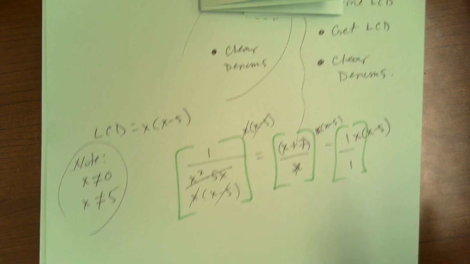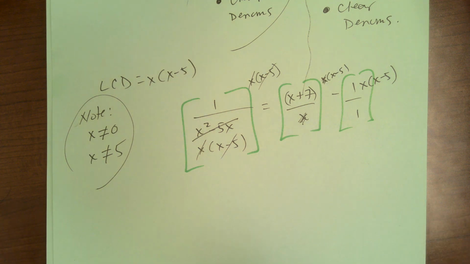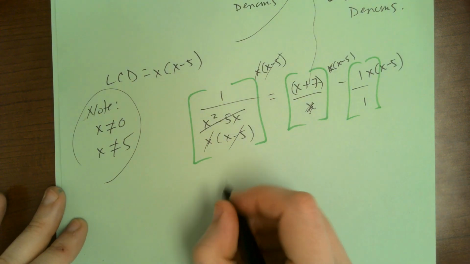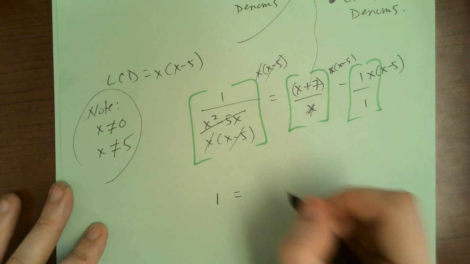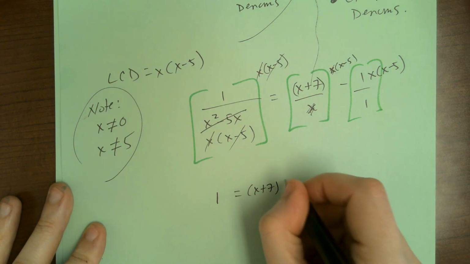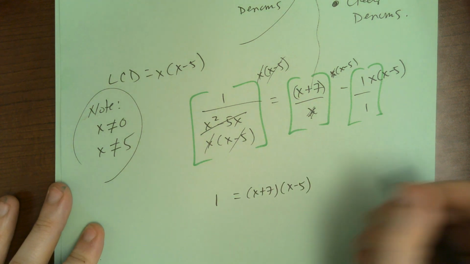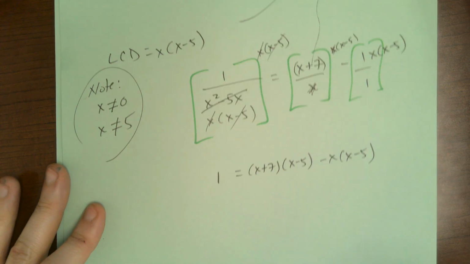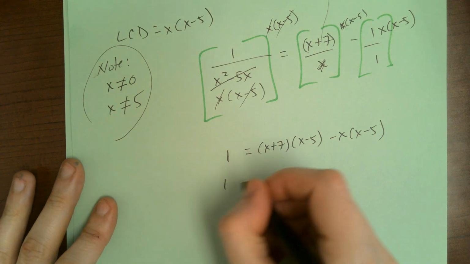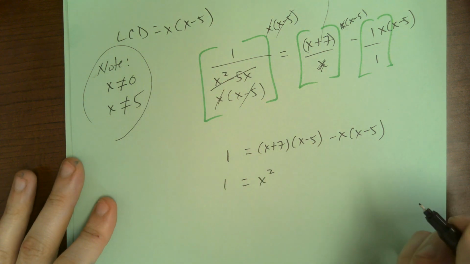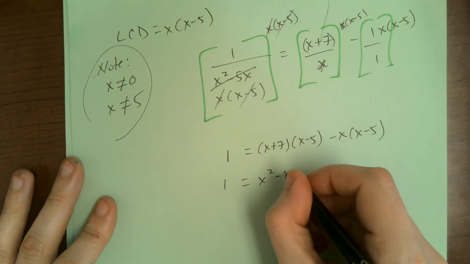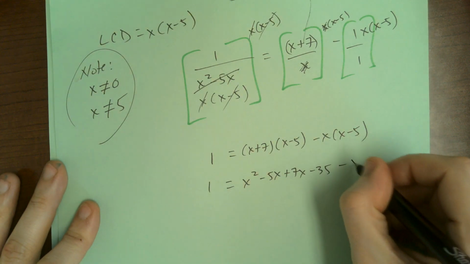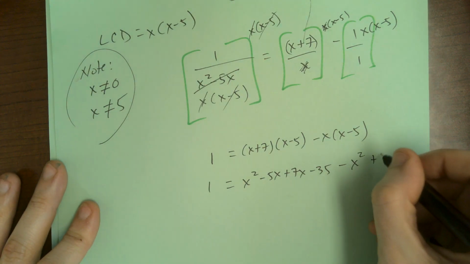Okay, so now let me just write down what I've got now that the denominators have canceled. I've got 1 equals x plus 7, x minus 5, minus x minus 5. Okay, so now I'm going to distribute x squared. Ooh.